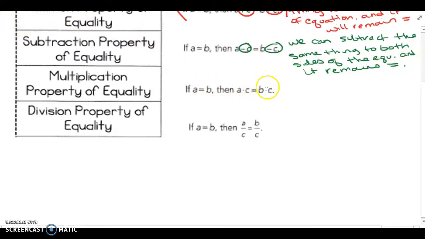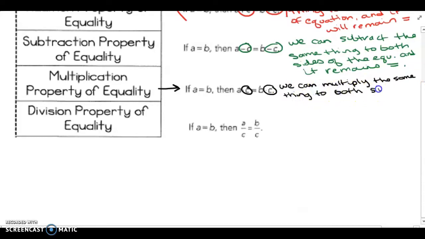Okay, now multiplication property of equality, same thing. You open this flap, this is what it tells you. If A equals B, then A times C equals B times C. So we can multiply the same thing to both sides of the equation and it will remain equal.